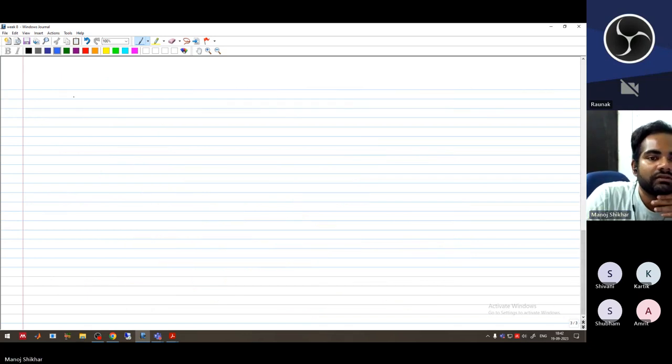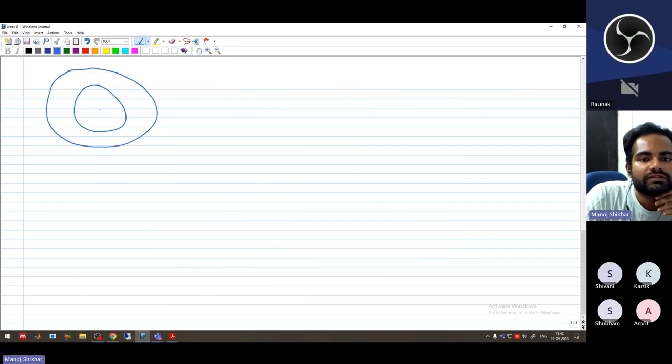A few things. Let me draw the cross section. How will it look? This is my small d, and this is capital D, and this thing here is the thickness. What will be the relation between small d and capital D? Capital D will be small d plus t here and t here, so 2t.